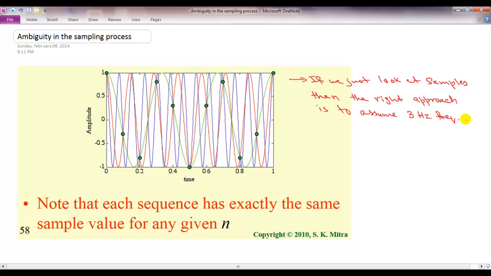And this phenomenon has a name called aliasing. Just like an alias means taking another name, aliasing means high frequencies take up the name identity of lower frequencies. We'll study more about aliasing later in the lecture.